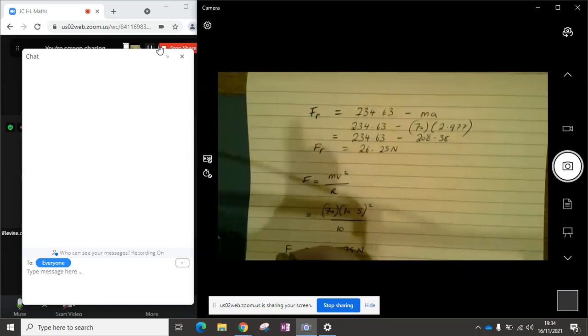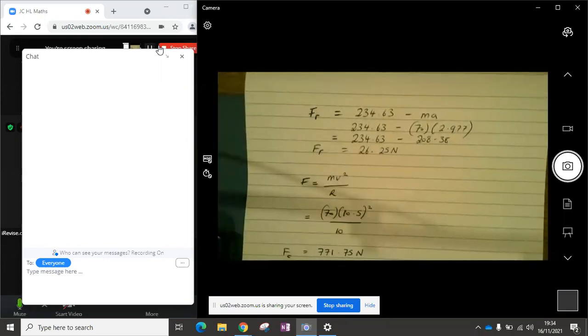That is your centripetal force, FC. Very simple.